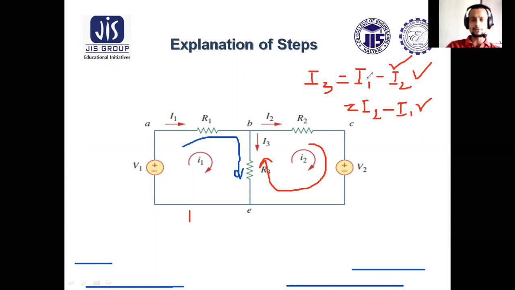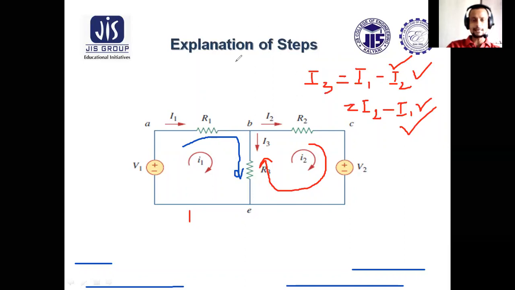That means consider I1 greater than I2. Similarly, if we are applying KVL in loop 2, consider this equation as valid. So if you assume, while applying KVL in loop 1, that I1 is greater than I2, then your IR drop will always be negative. Similarly, if applying KVL in loop 2, if you consider I2 is greater than I1, then also in your KVL equation, IR drop will be negative.